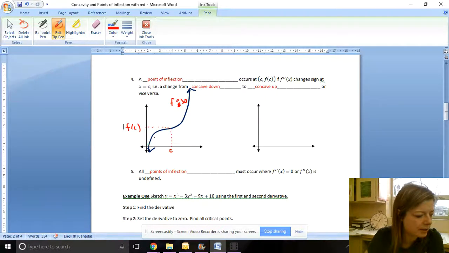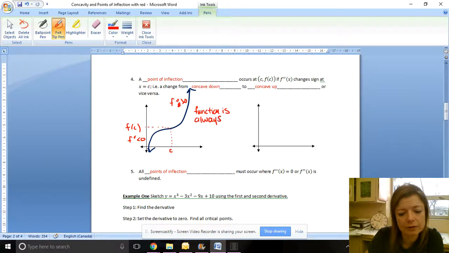And over here, this is a concave down section, so over here F double prime is negative. So we're switching concavity. Notice that the function is always increasing over this interval, so the first derivative will always be positive, but the concavity changes.